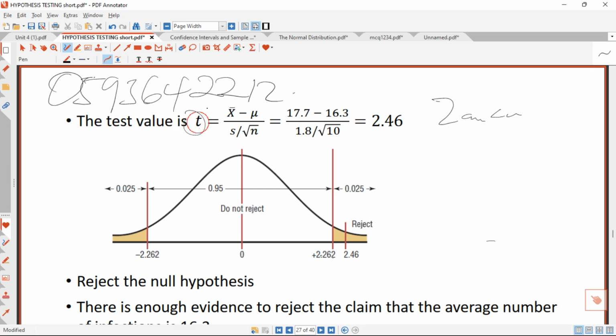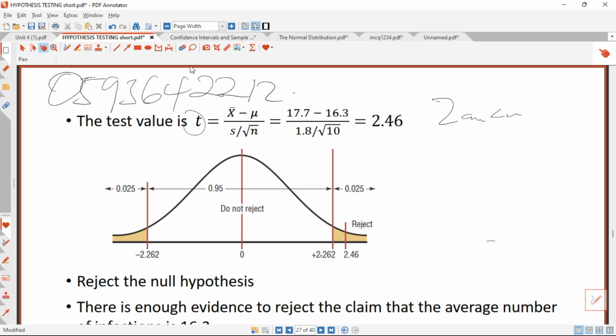Our t will be equal to x bar minus mu divided by s divided by square root of n, where we will just substitute. Our x bar was given as 17.7, our mu was given as 16.3, our s was given as 1.8, and our n was given as 10. Just substitute them here. When you do your subtraction, your division and square root, we are going to get 2.46.